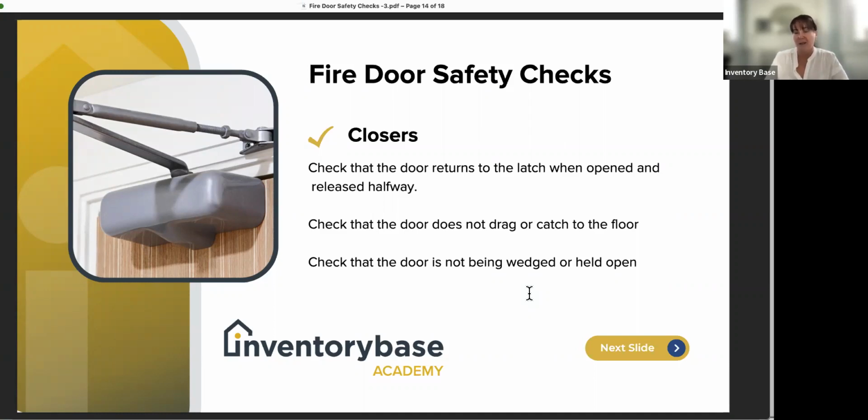Often with the fire doors, they can be quite heavy, they might be seen as cumbersome, and the residents might feel that they're more of an annoyance, more of a barrier than a help, but they've got to be informed, and they need to understand why those doors are there and why they shouldn't be wedged open or held open by anything. You'll also get some doors that actually have automatic closers.